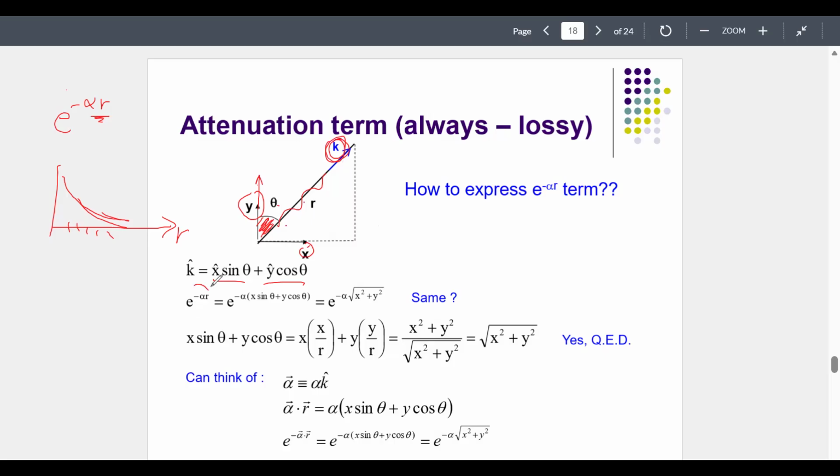All right, so now what is e to the minus alpha r? If r is the distance the wave travels, then r would be just the length of this. If this is x, this is y, then r would be the square root of x squared plus y squared. Correct? But last time we said we can also take r as k hat dot r, without the hat.